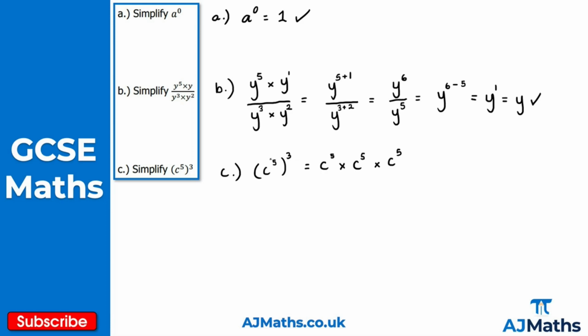But we can also use the rule of indices where we've got a power raised to another power, and we just multiply the powers together. So in this case, we get c to the power of 5 times 3, which is equal to c to the power of 15. Okay, and there we have it. So that would be the solution to c and the solution to question 2.